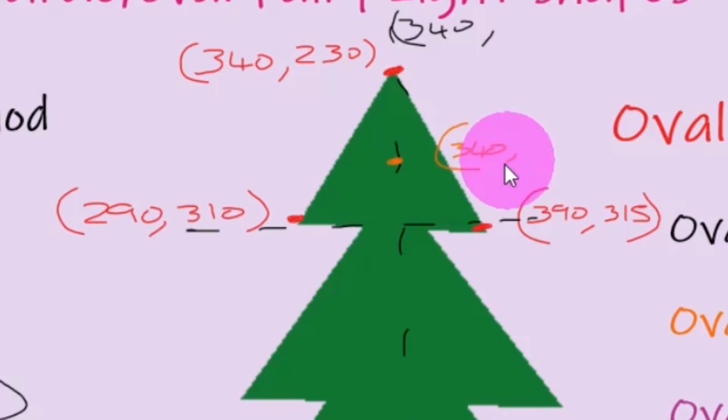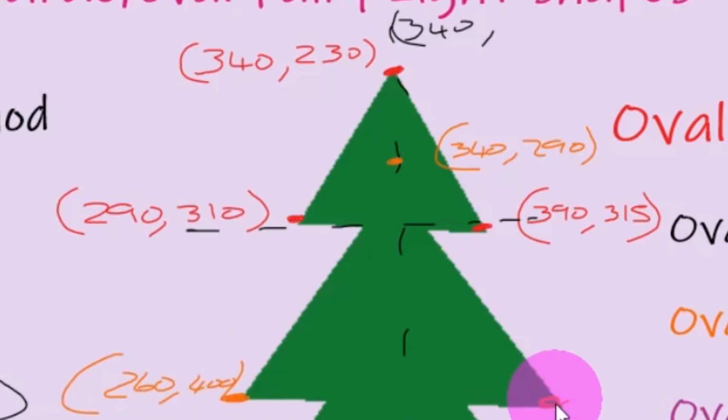This second vertex is 260 by 400. And this third vertex of the second triangle is 430 by 405. 430 on the X by 405, because remember we made a wee jaunty line, it's not completely horizontal.